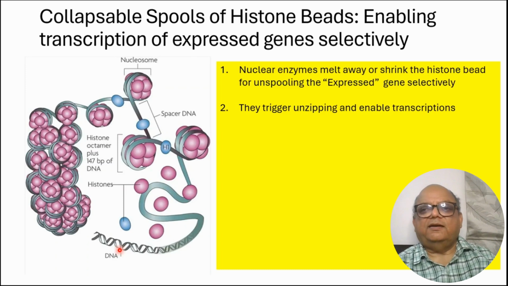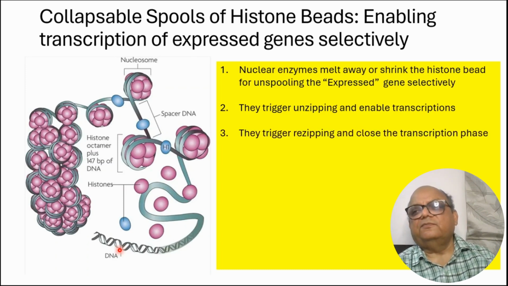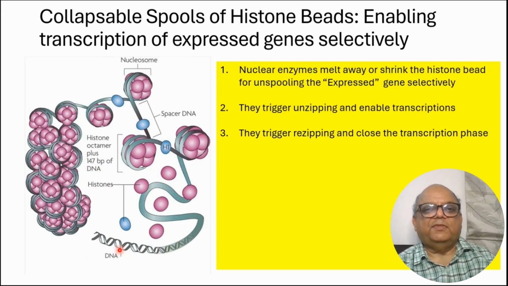So, and after transcription has been done, they initiate the rezipping and they close the chromatid for the cell division. Okay. So this is the complete function. So all the operations on the genetic archive strand are carried out by the nuclear enzymes.